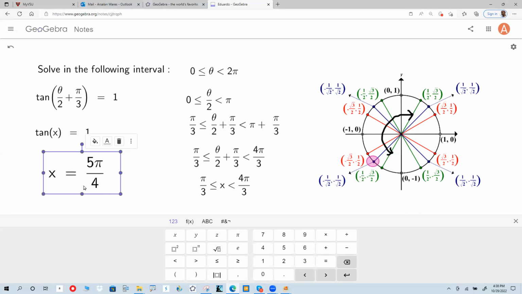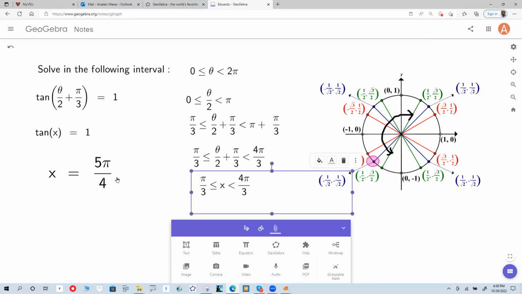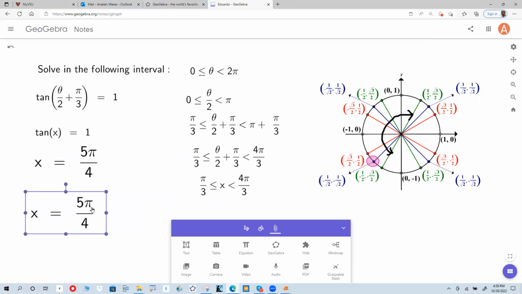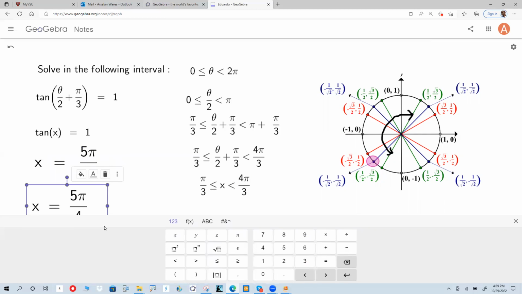over 4. Now, so far so good, except my answer must be in theta, and x is theta over 2 plus pi over 3. We're going to make that substitution. Instead of x, I'm going to write theta over 2 plus pi over 3.